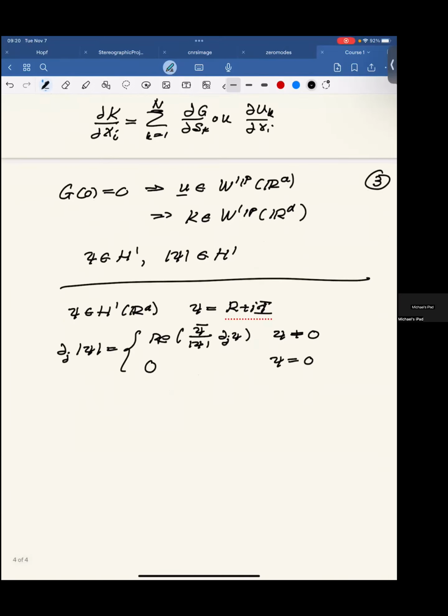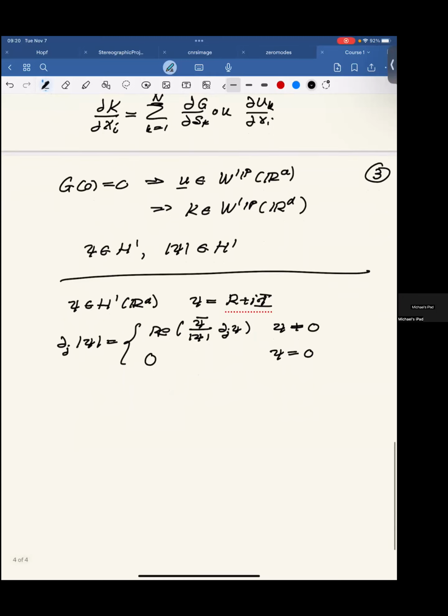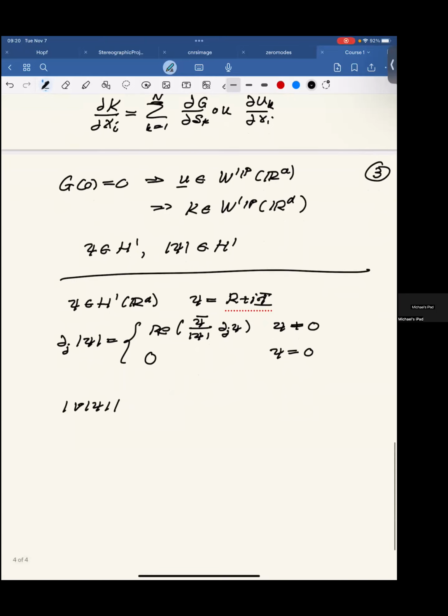So now you see right away that the gradient of the absolute value of psi, what is it? Well, you see, sorry, I should have said this before.